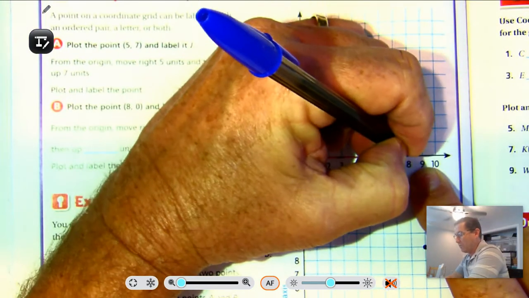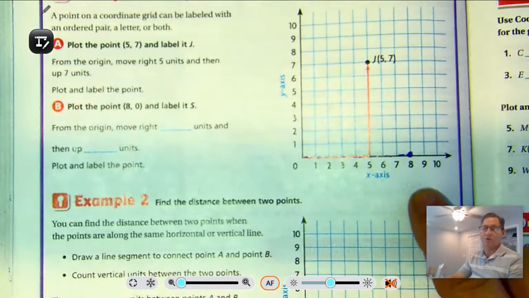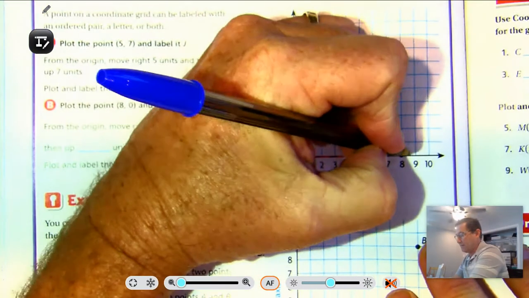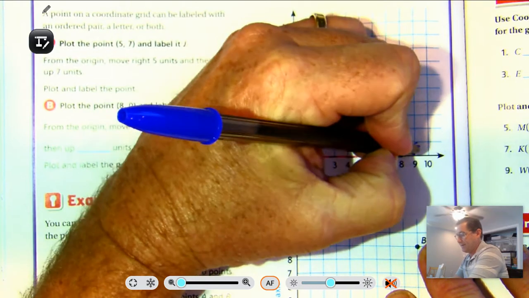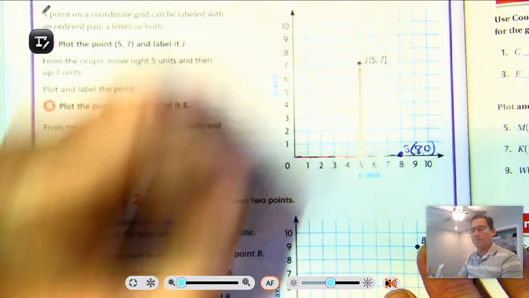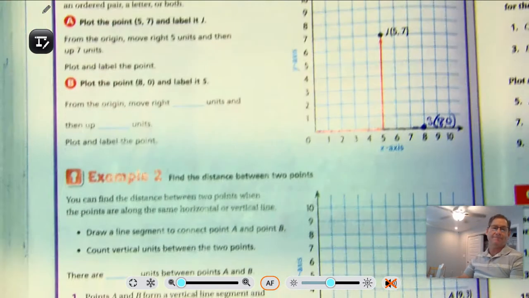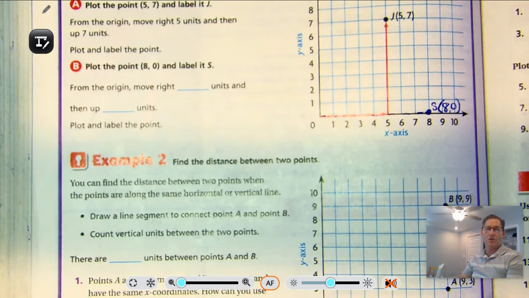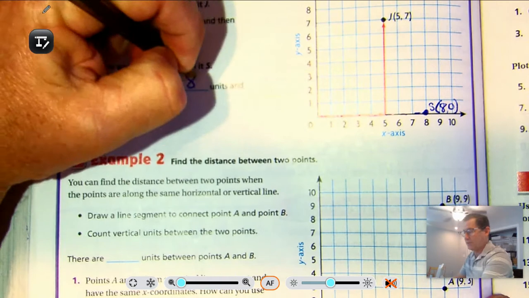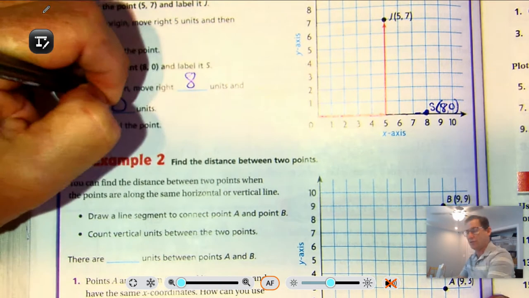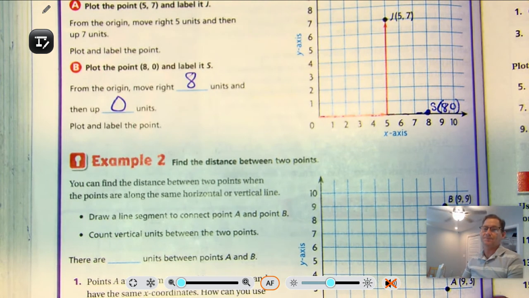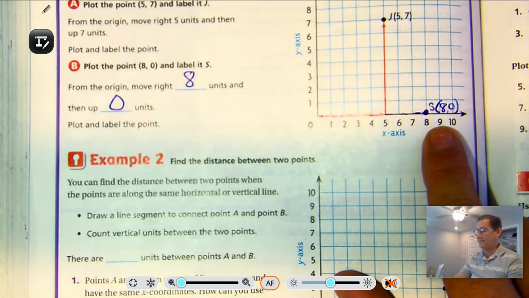So we're going to put our point right at 8, 0. That's point S, and the pair is 8, 0. So from the origin, what did we do? We moved 8 units right, and then up 0 units. Over right 8, up 0.